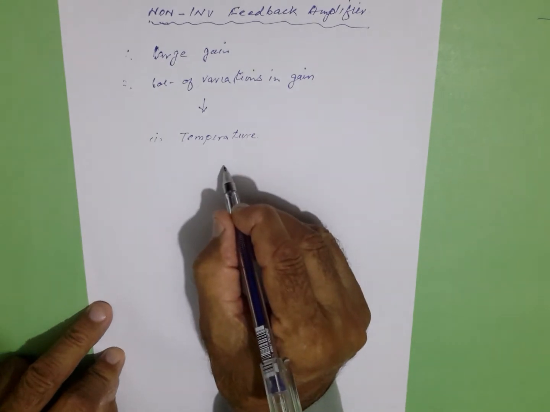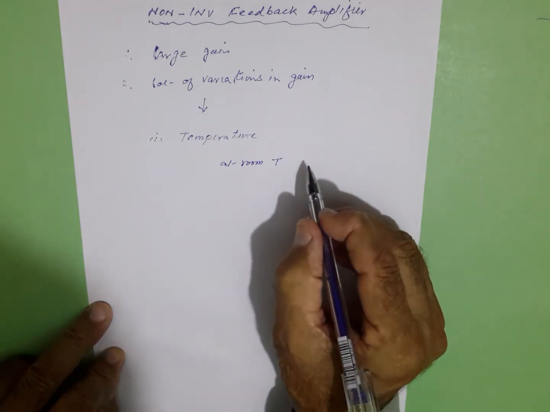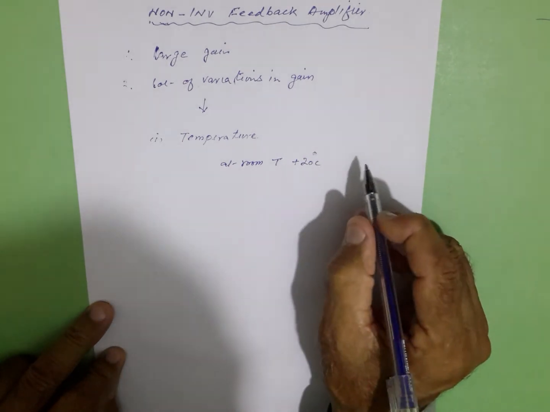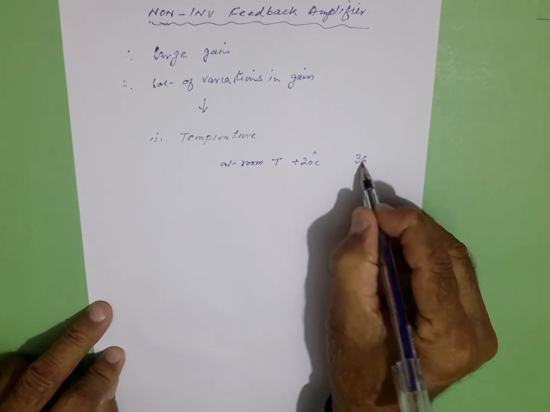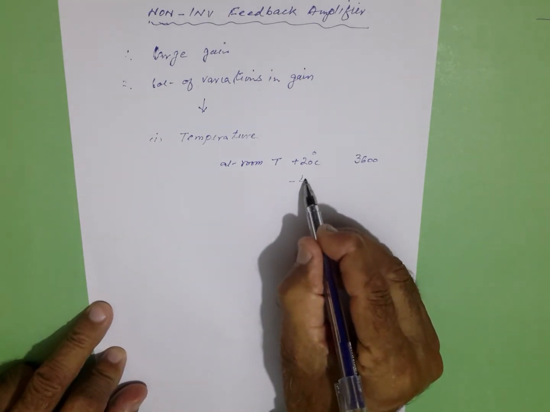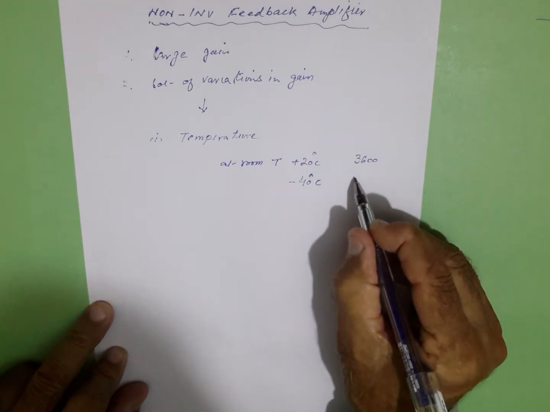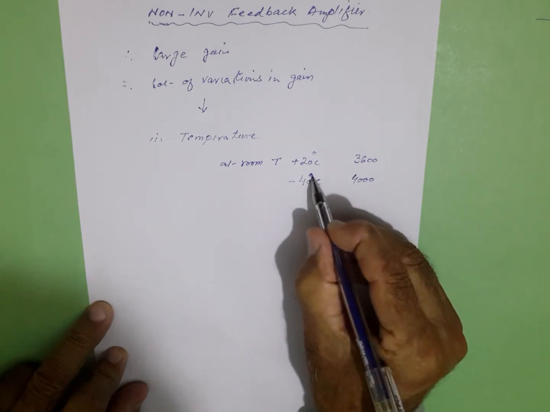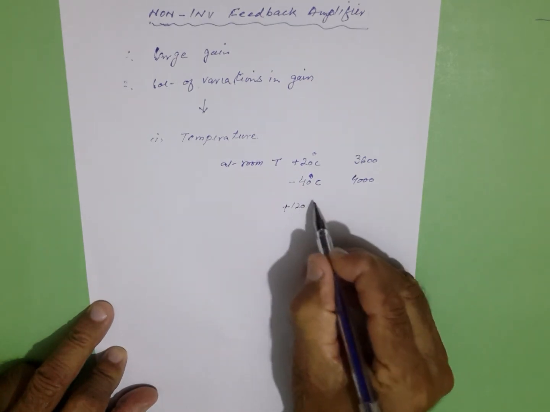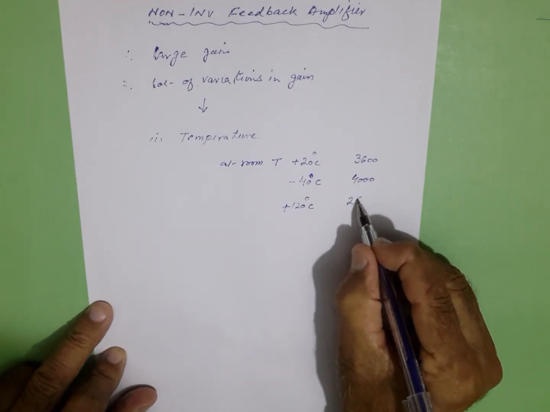At room temperature, that is positive 20 degrees Celsius, the gain is 3600, and at minus 40 degrees Celsius the gain increases to 4000, and at 120 degrees Celsius the gain decreases to 2600.